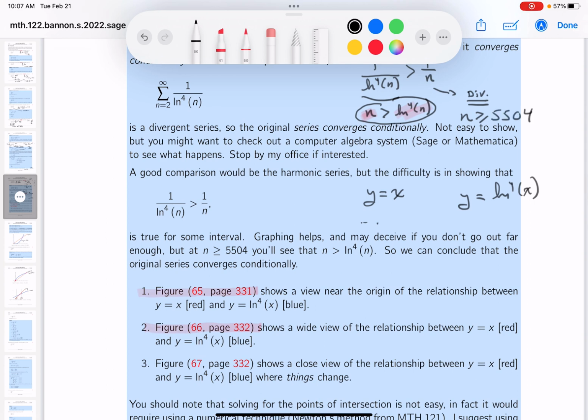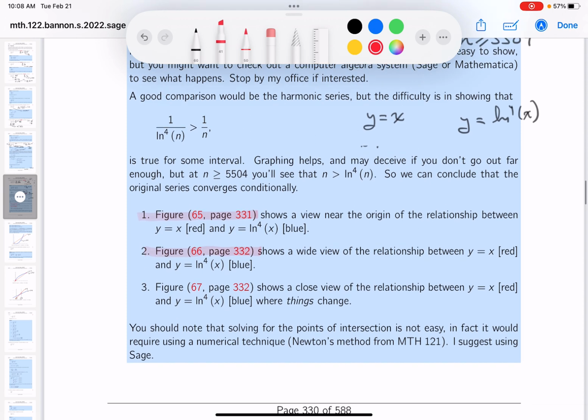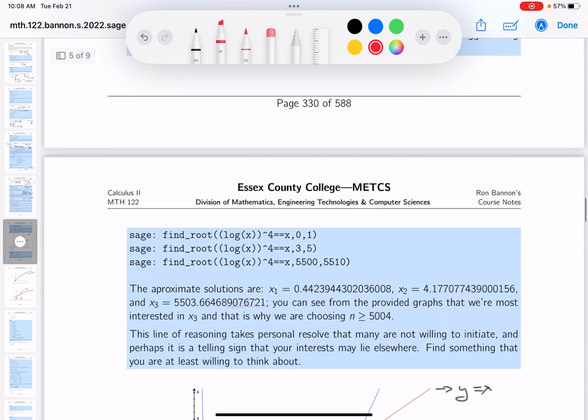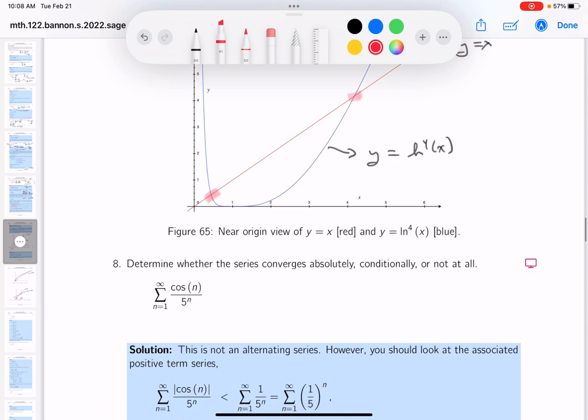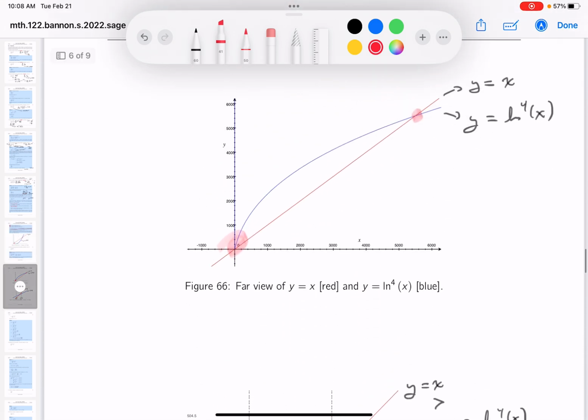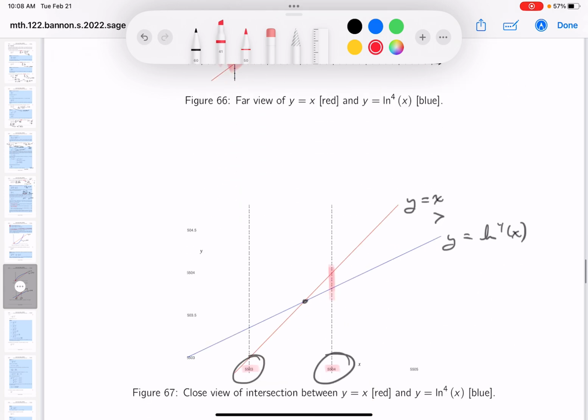All right, so what did I see in my picture? I saw really 3 points of intersection. I want to go through how to do that using a computer, and this is Sage over here. This number over here is 0.4, this number is 4 point something, and then this number over here was 5,503 point something, and that's the zoomed in portion of it.